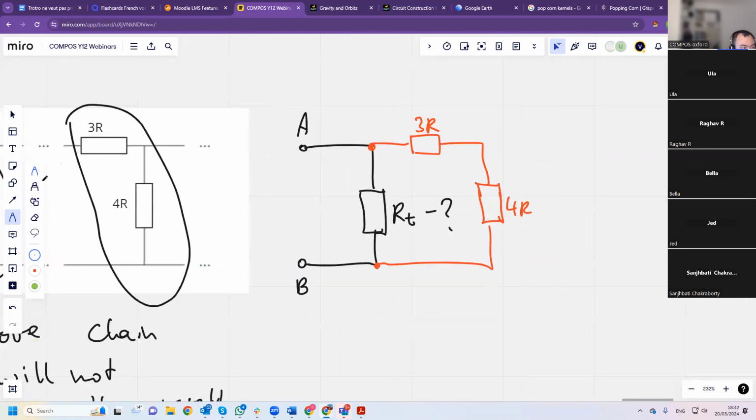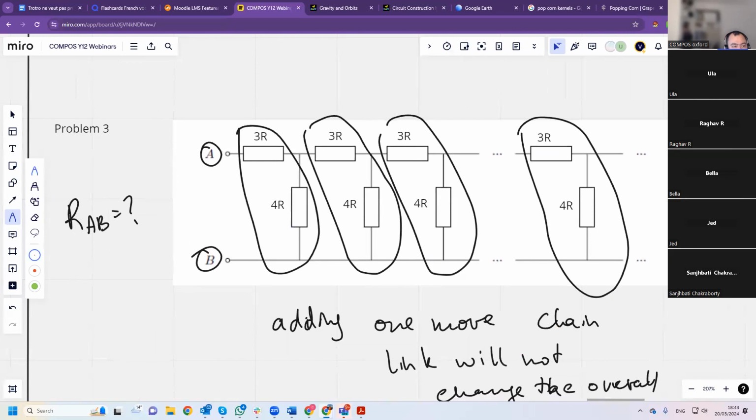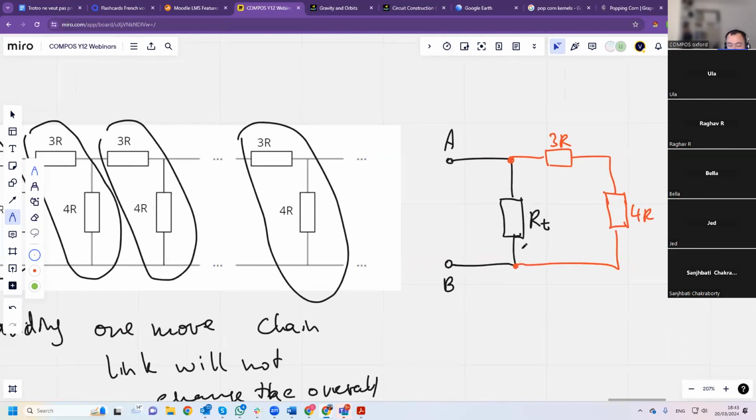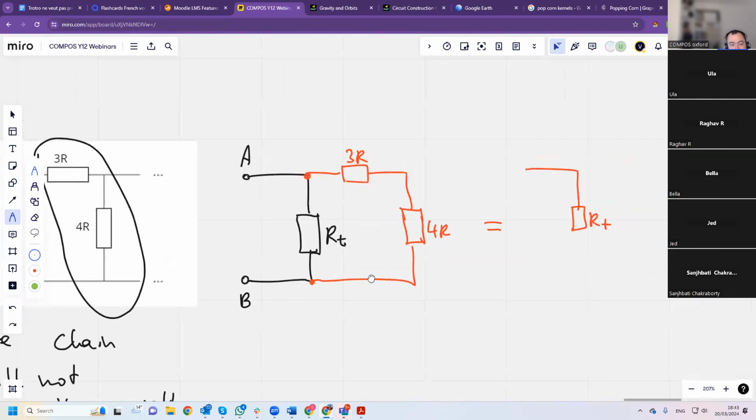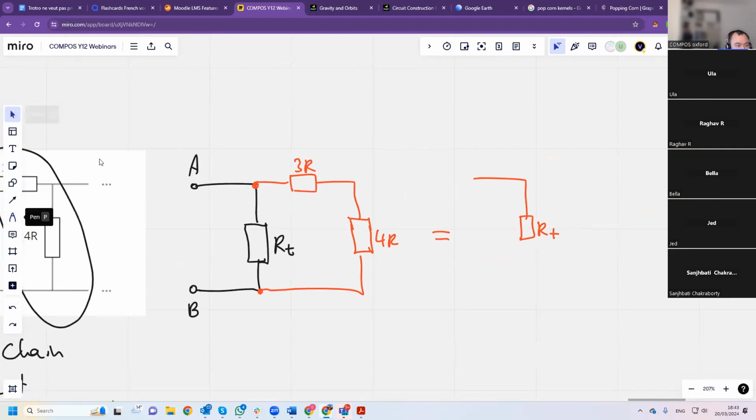So an RT plus a 3 and a 4 will still be equivalent to RT. Oh, sorry. Very sorry. No, I messed up. I messed up real bad. You didn't see that.